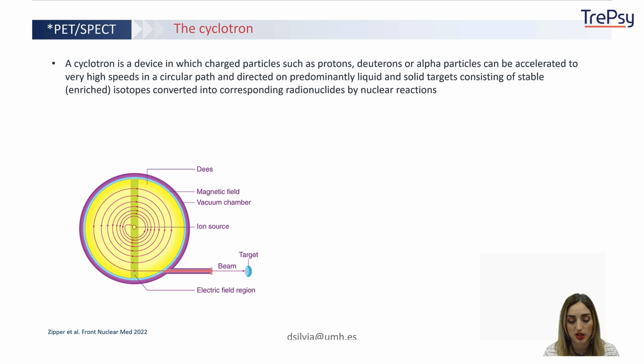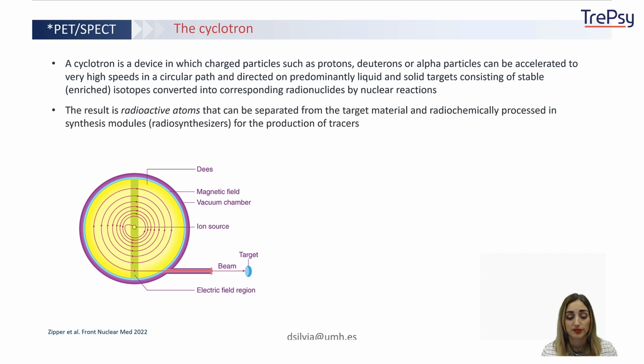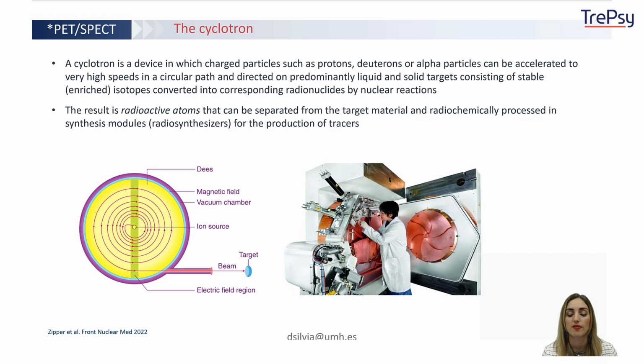This is a scheme that you will see below. The result is radioactive atoms that can be separated from the target material and radiochemically processed to make the tracers.